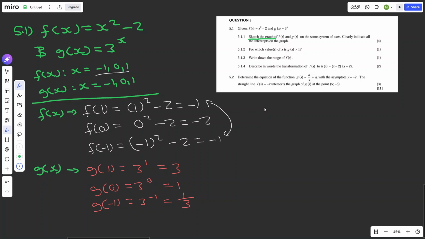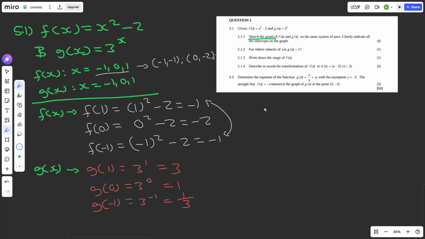Okay, so from here, we check for this one here. I'm just going to write it as a coordinate, right? So we'll have minus 1 and minus 1. Then we have 0 and minus 2.